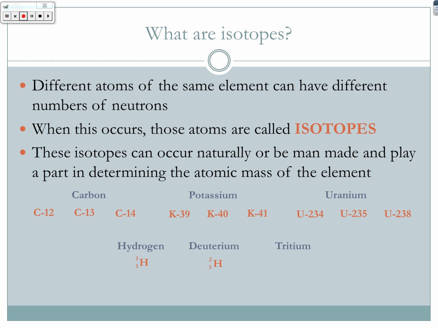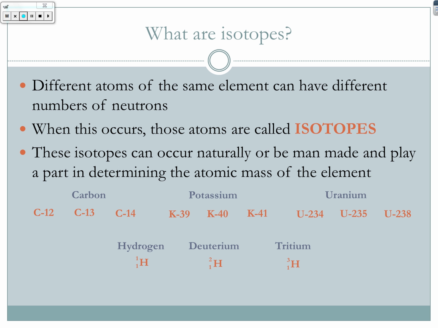When we add a neutron, we get deuterium, and our denotation becomes 1, 2. Then tritium has 2 neutrons, so it becomes H-3, or H-3-1.